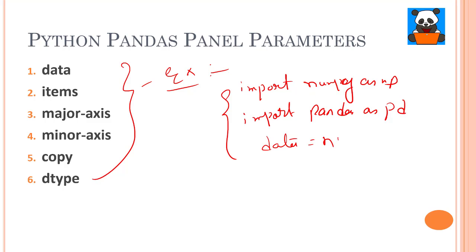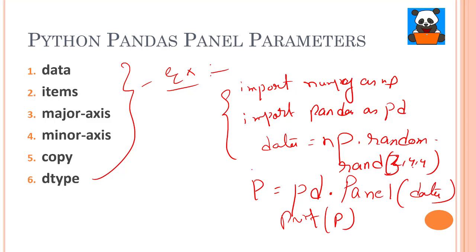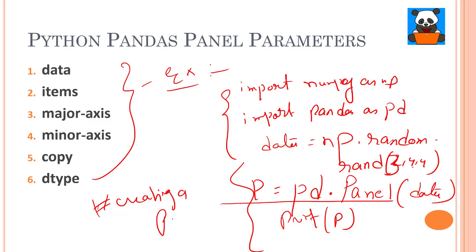I use numpy, for example np dot random dot rand of 2, 4, 4. You can go with a 3 cross 4 matrix as well. Now the main thing is how to use the panel: p equals pd dot Panel of whatever data you created. You pass it, and now you can print p. This is how you create a panel.